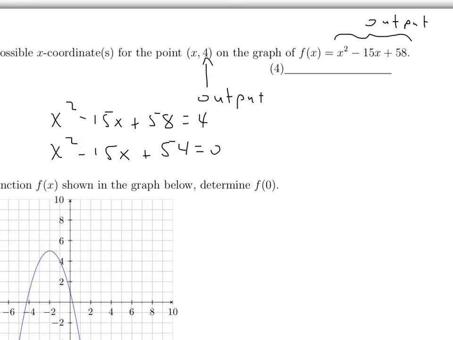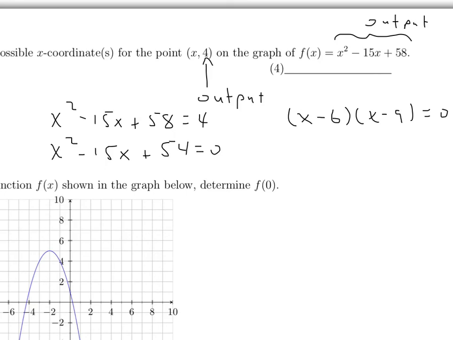One of the ways is 6 times 9, and 6 plus 9 is 15. I do want this to be a negative sum, so I want negative 6 times negative 9. So x minus 6 times x minus 9 is the correct factorization.